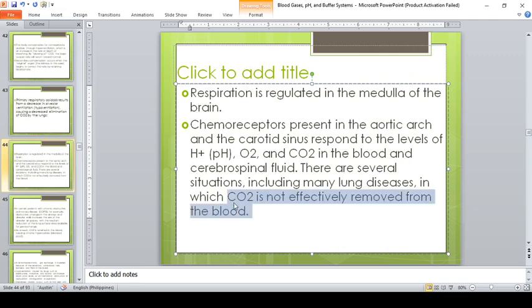So if carbon dioxide is not effectively removed in the blood, what will happen to the level of carbon dioxide? It will increase. Together with the hydrogen ion concentration, it will also increase. So in that way, that leads to, again, what? Respiratory acidosis. Okay?